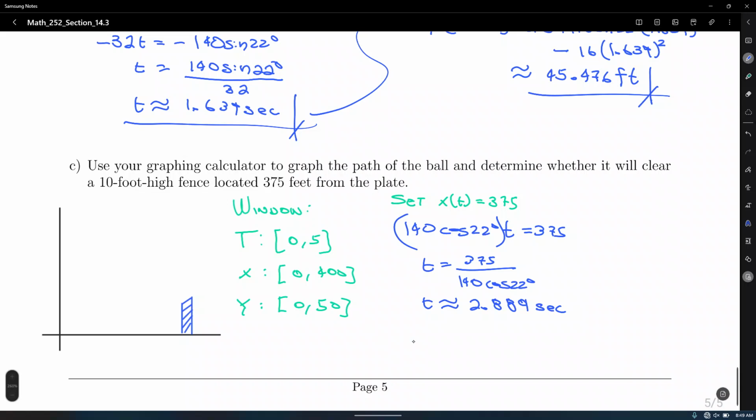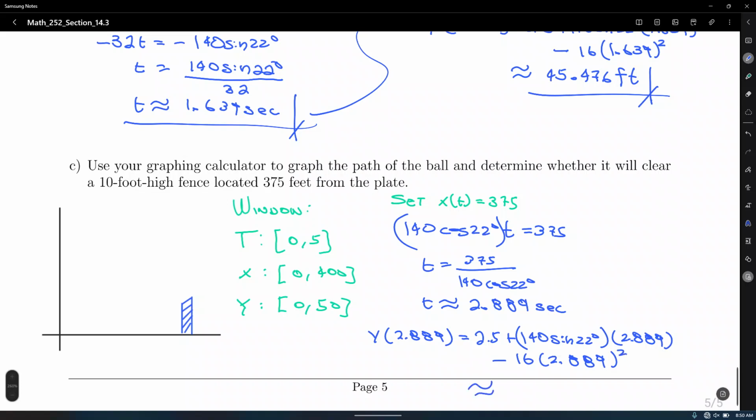So let's evaluate y at 2.889, and that equals 2.5 plus 140 sine 22 degrees times the time 2.889, and minus 16 times 2.889 quantity squared.